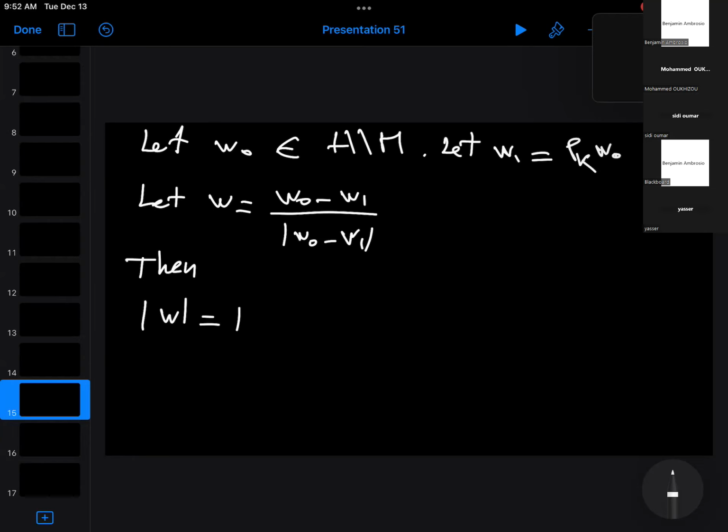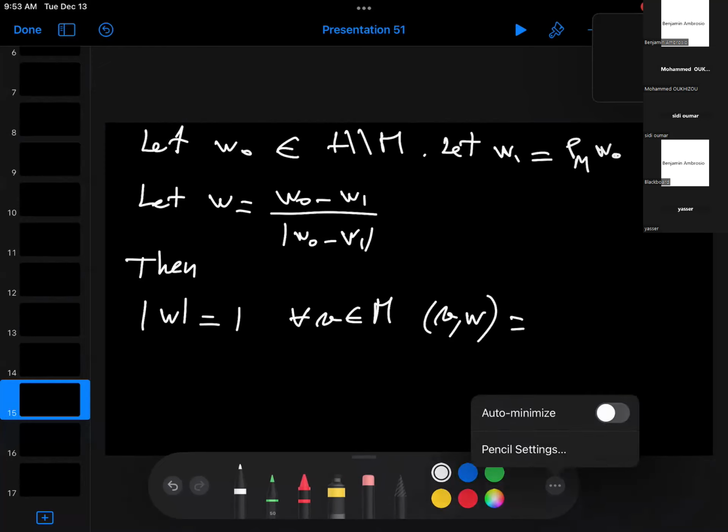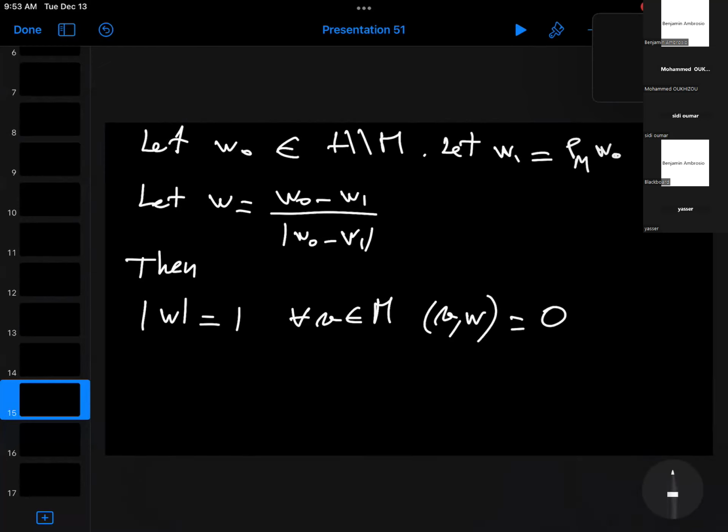And by construction, for all V in M, if you look at the scalar product of V and W, this is 0, because W1 is the projection of W0 on M. We didn't talk about any K here; this is M. All right, so this is 0, because here W is W0 minus W1, so by definition of the projection, you have that.